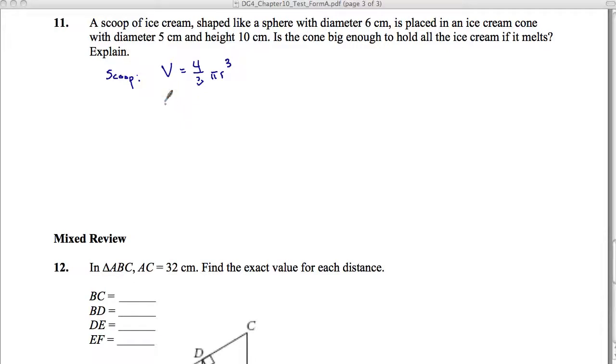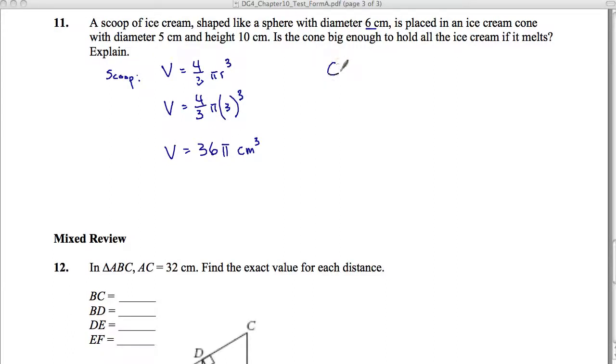Right, so let's go ahead and just substitute in what we know. Volume is 4/3 pi. The scoop has a diameter of 6, so the radius is 3, cubed. So 3 cubed is 27 times 4 divided by 3. Here we get that the volume is equal to 36 pi cubic centimeters. Alright, so that's the scoop.